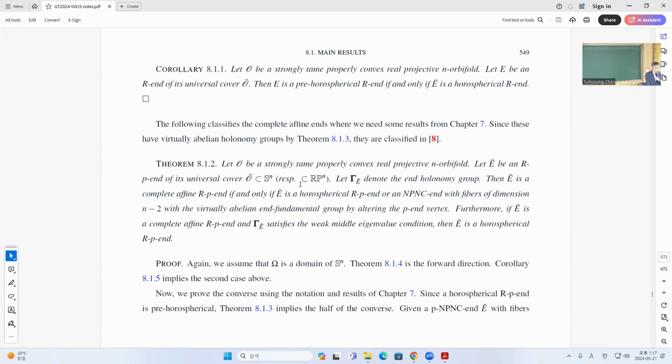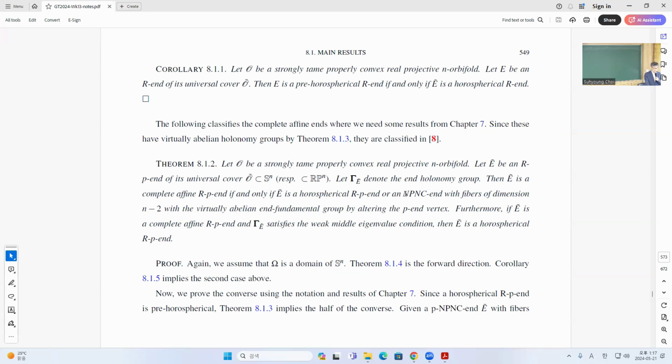So 8.12 is one of the main results. Here E tilde is a complete affine Rn if it is either horospherical or NPNC, with the fiber of dimension n minus 2, when the fundamental group is virtually abelian. But you have to change the end vertex.